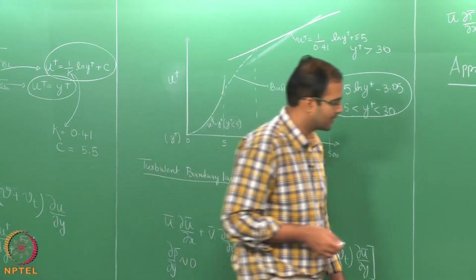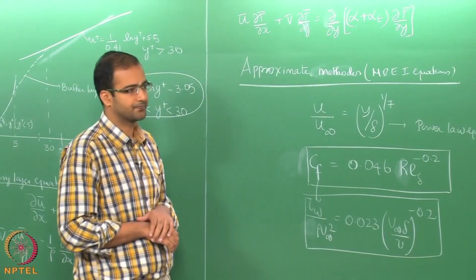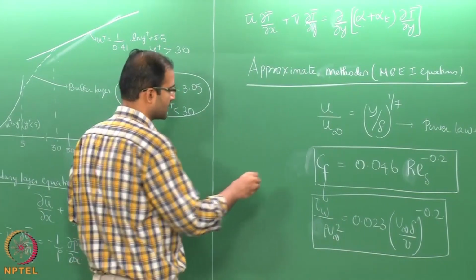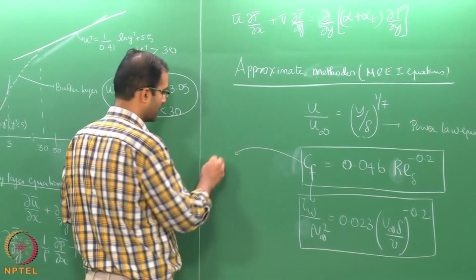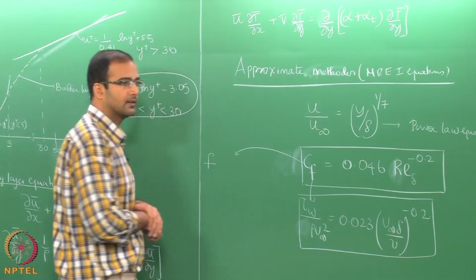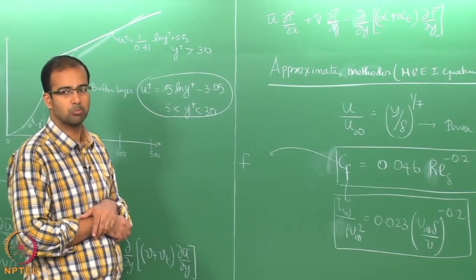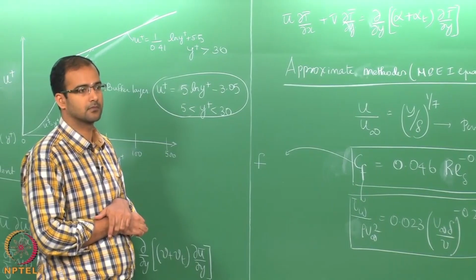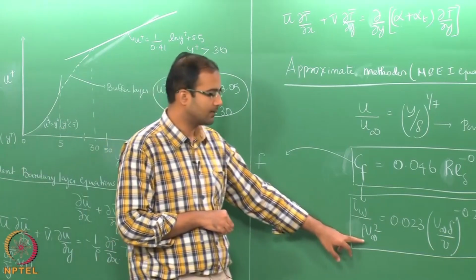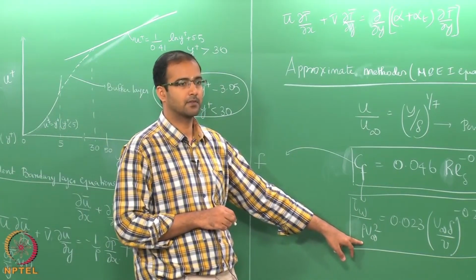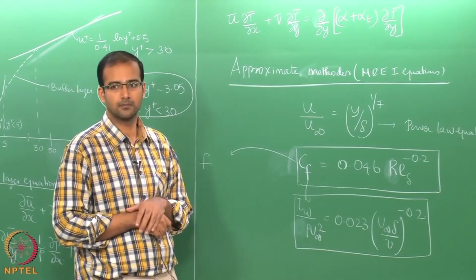Okay. The same expression can also be used for internal flows. So, in internal flows you will be replacing your Cf with your friction factor, and this friction factor has to be which one, Fanning or Darcy? Fanning, because tau wall by half rho u infinity square is the Fanning friction factor. Darcy is defined based on pressure drop. Okay.